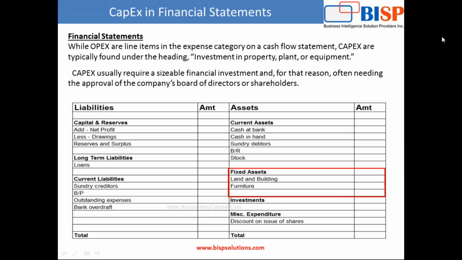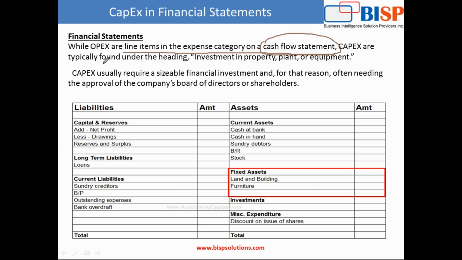It is interesting to see where capital expense fits into the picture in your balance sheet. Therefore, I have taken a graphical snapshot of a balance sheet. You see, operating expenses are a line item of the expense category of cash flow. So your operating expense comes under cash flow.